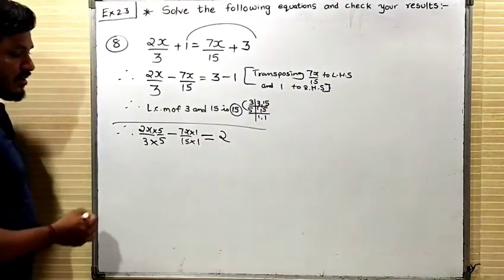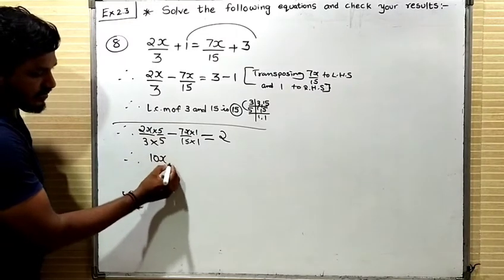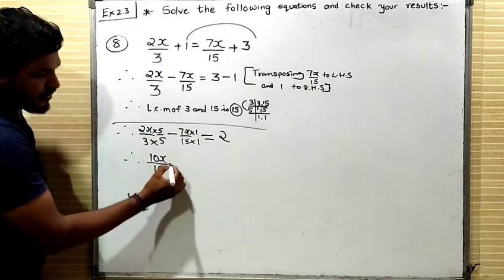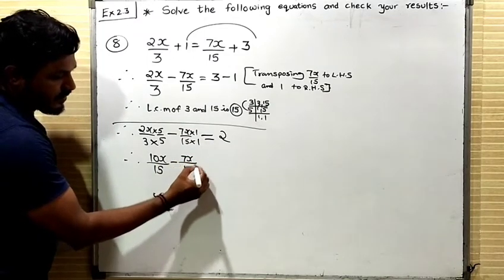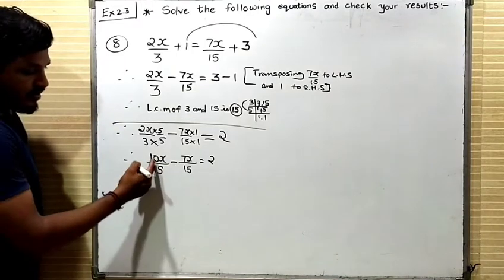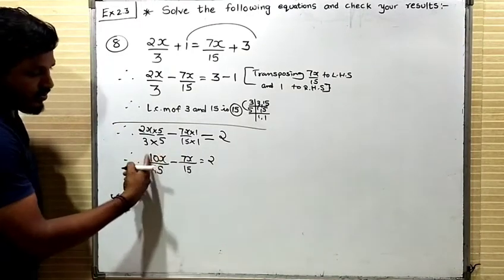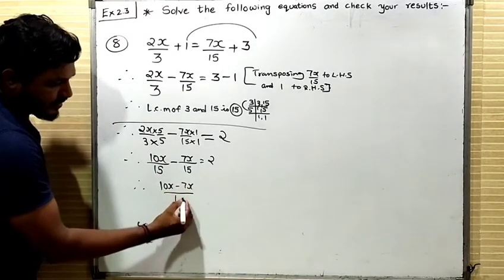Write it as it is. Now after doing so, 2 fives are 10, 10x, 3 fives are 15, 7x into 1 is 7x, and 15 ones are 15, and 2 left. Now you can easily do the subtraction. That is 10x minus 7x, 15 as common.